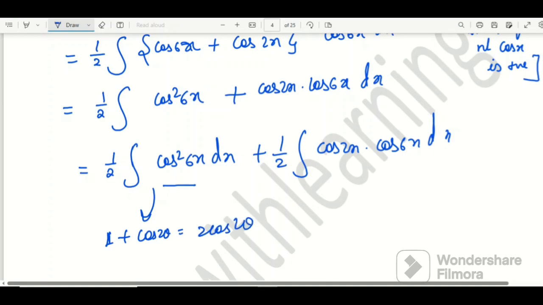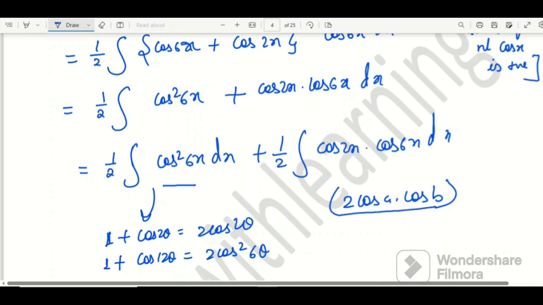Because I need 6x as theta, I'll write 1 plus cos 12 theta equals 2 cos square 6 theta. And here we can apply the formula of 2 cos A into cos B. So you can solve this question by these two trigonometric identities.